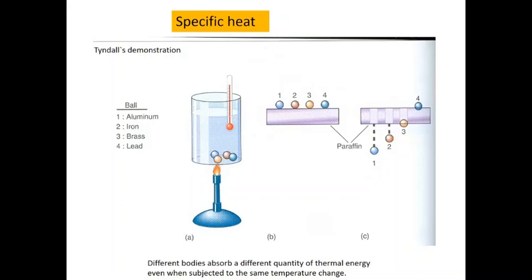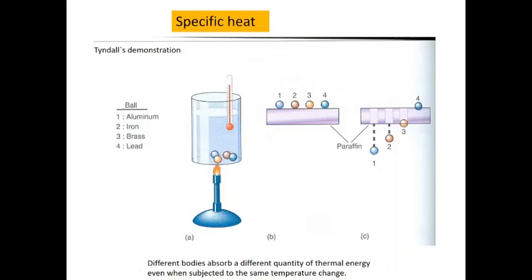Imagine the following experiment. We have 4 balls made of aluminium, iron, brass and lead, all of them submerged in a liquid so we can measure its temperature. All of them are in the same water, that's why all of them have the same temperature. All of them have the same size.